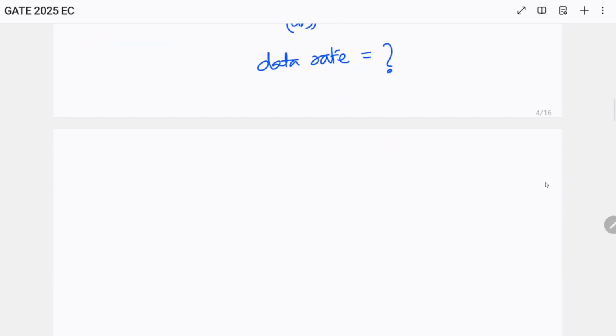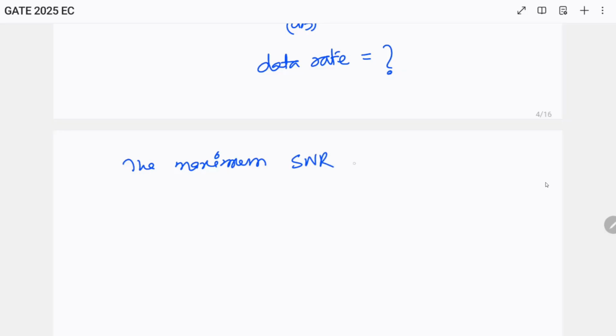In case of a sinusoidal signal, we know one standard formula for calculating the maximum SNR for n bits. This is the standard formula: 6.02 n plus 1.76, in dB.